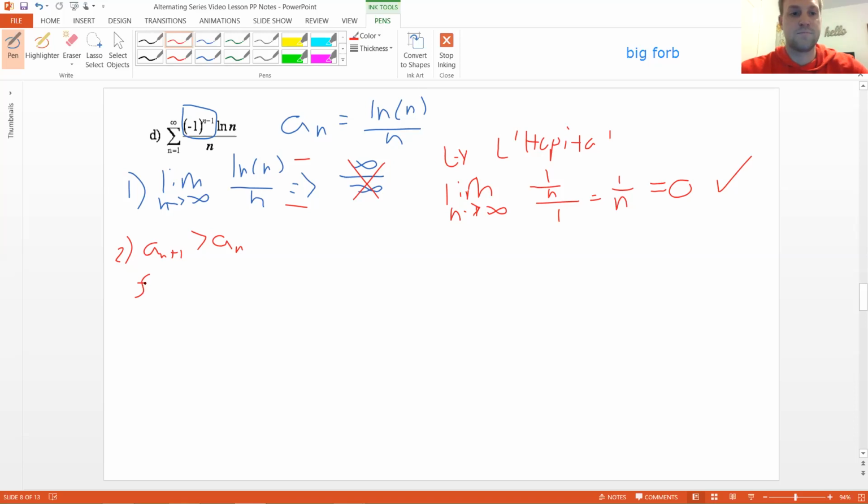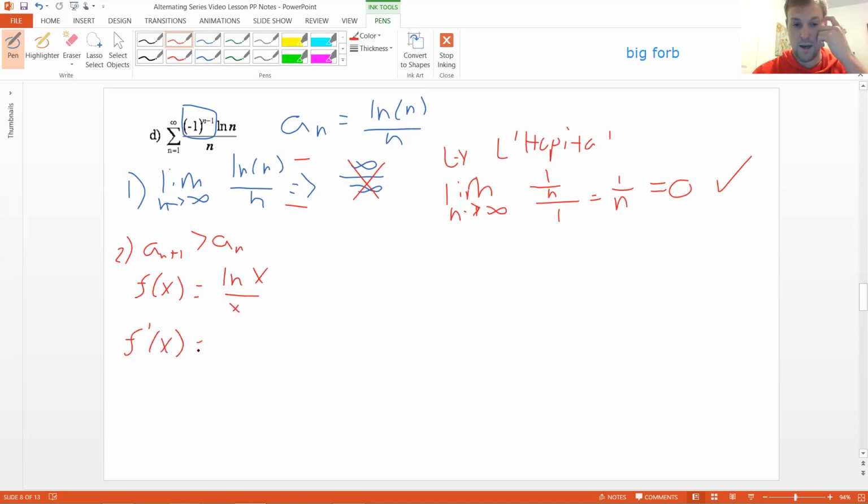Anyway, all right. So step 1, we're good on step 1 there. Step 2, I need to show that it's decreasing. So I'm going to consider a sub n as a function of x. I'm going to say f of x equals ln of x over x, and take that derivative.